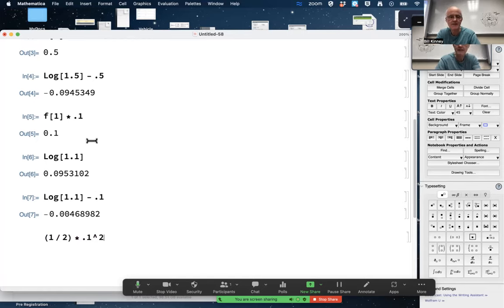So when I evaluate this, I should get something bigger than the absolute value of the error that we got. Yes, it is bigger, by just a little bit. So you can see it's indicating that as h gets smaller, it seems like we get a better and better approximation.